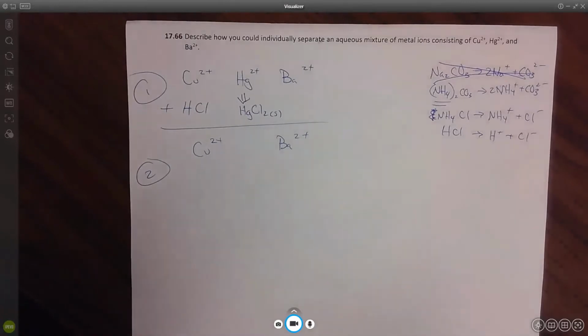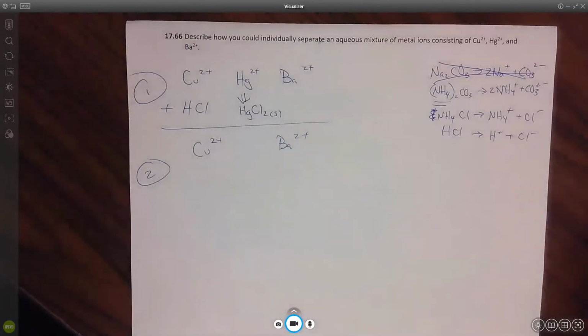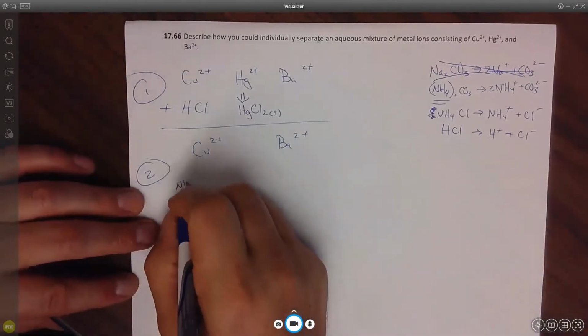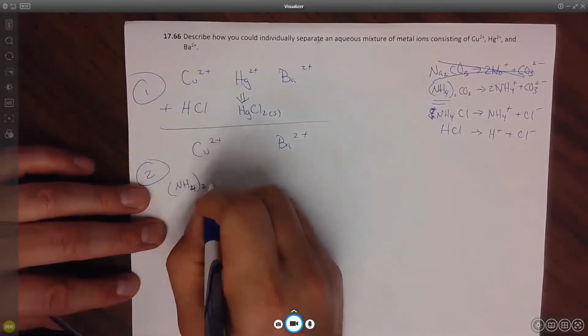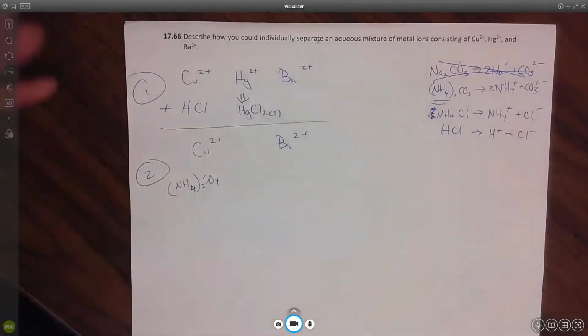To get the Ba2+ out, you could add something with a sulfate in it. Okay, so ammonium sulfate, (NH4)2SO4. Yeah, we could do that. I could also use sulfuric acid, since it has the sulfate in it.